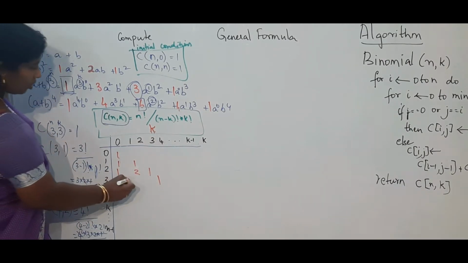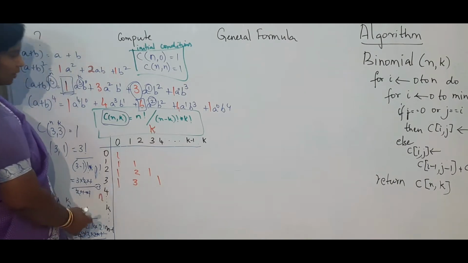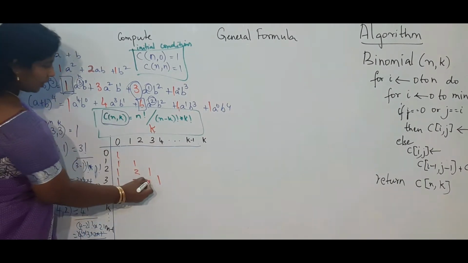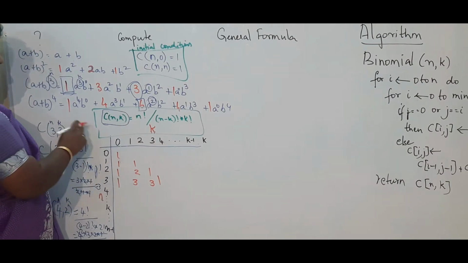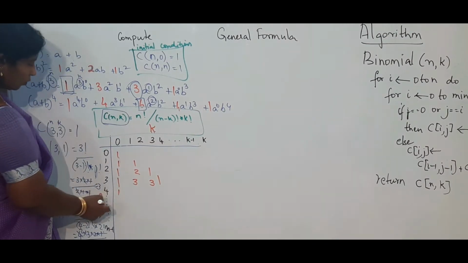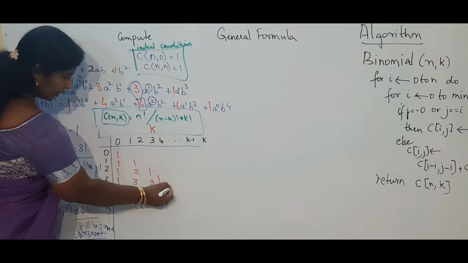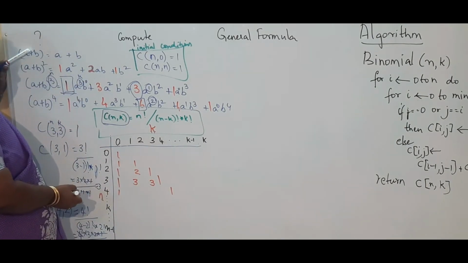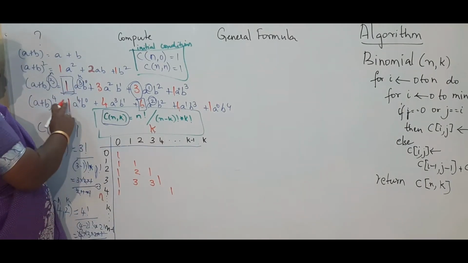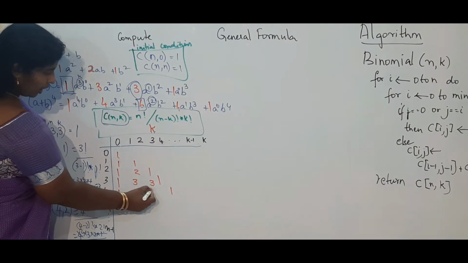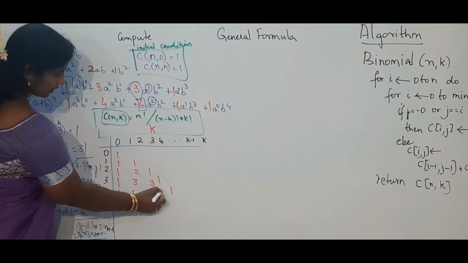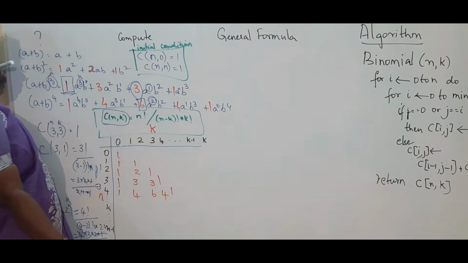And I have found out that 3 comma 1 is 3 and 3 comma 2 is 3. Okay, so when it comes to the next one, 1, and this part is also going to be 1. In between I know it's going to be 4, 6, and 4.